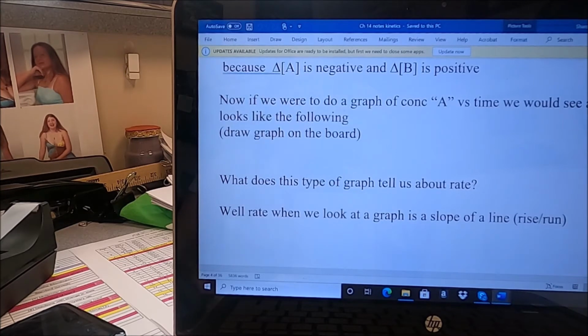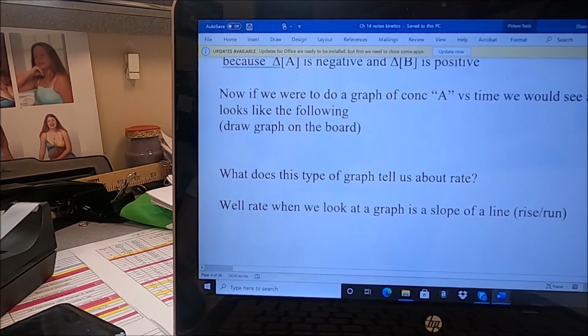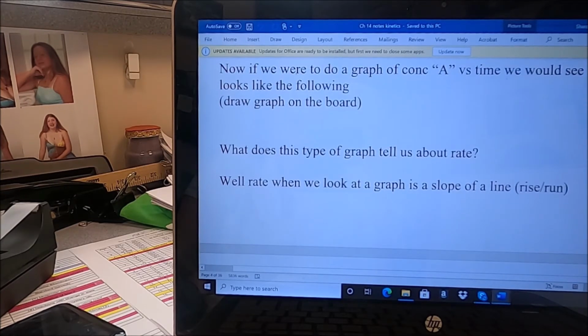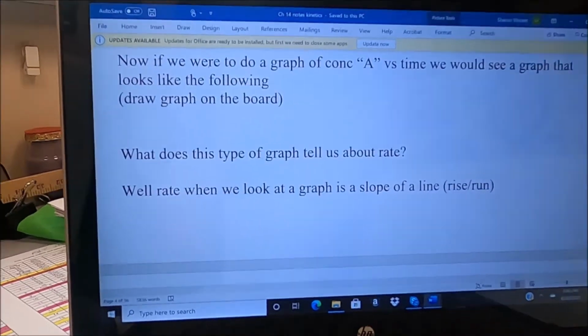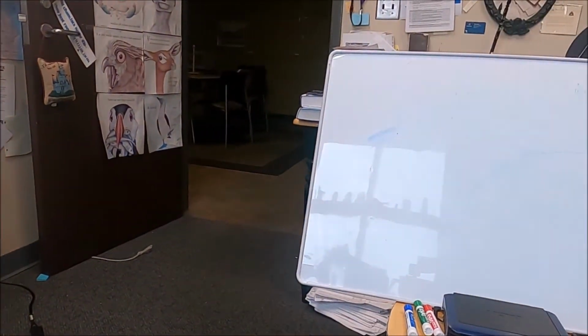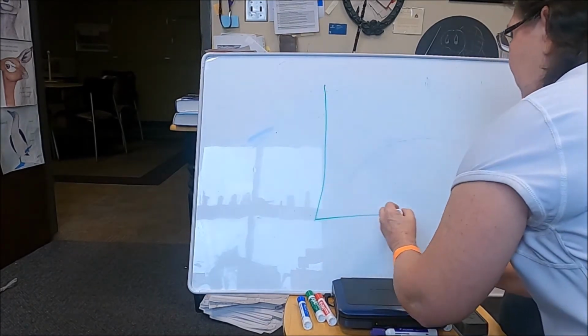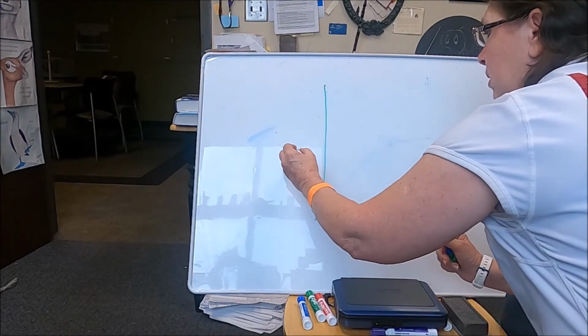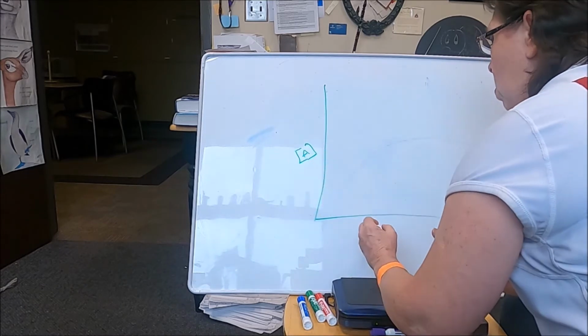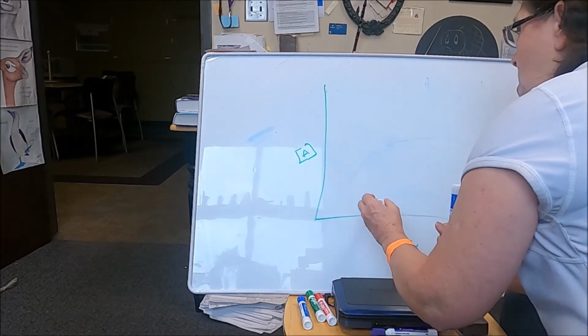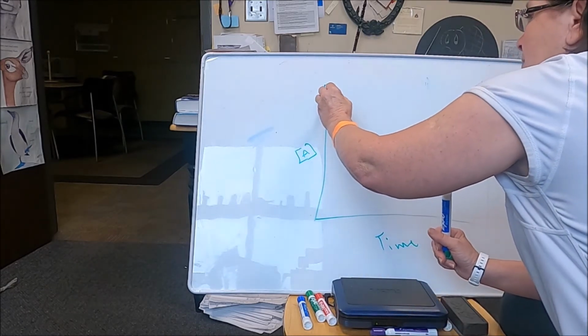Now, let's look at a graph again and talk about how we look at a graph and how we get rate. So we're going to look at the change in concentration of A with time. Let me draw my graph again. Concentration of A, time.